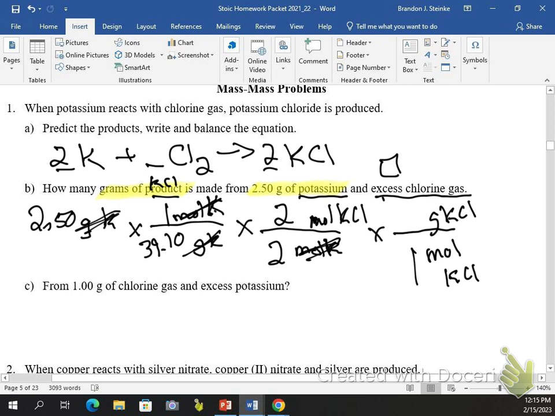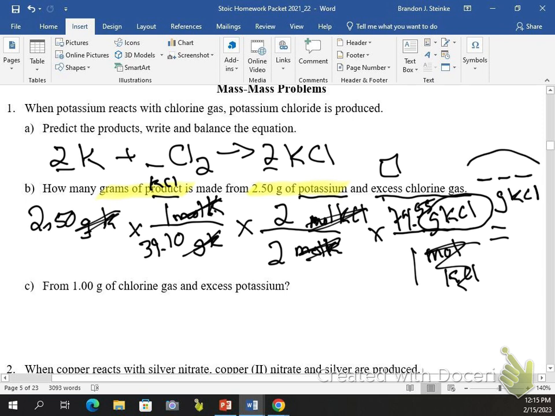So 1 mole of KCl is equal to the molar mass of KCl, which is 74.55. So moles of KCl cross out, and I'm left with grams of KCl. Everything's crossed out. All of my units are crossed out besides what I want to end in. And then when I get my answer, I should have 3 sig figs: 1, 2, 3. Grams KCl is my answer.